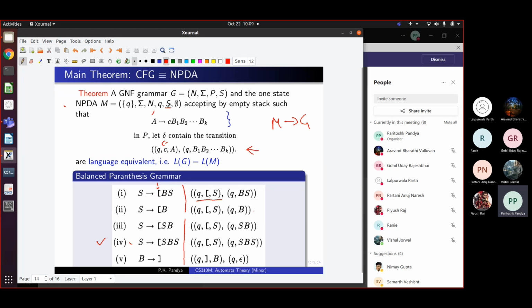So we will get rules which are not in Greibach normal form, but the rules will be of the form A goes to B1 to Bk, right? So we will not get a grammar exactly in Greibach normal form, but we will get a context-free grammar. So we can always convert a one-state NPDA into a context-free grammar. And again, since the constructions that we did exactly mimic each other, the language will be the same.